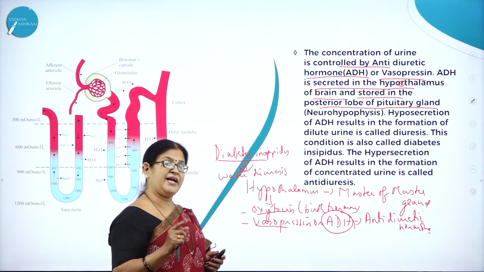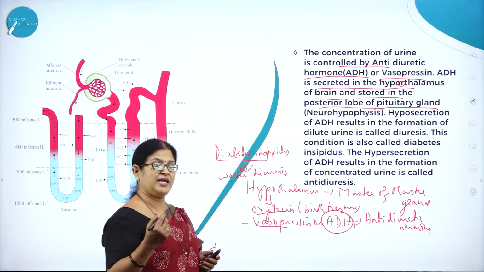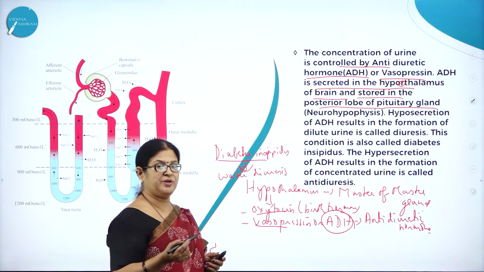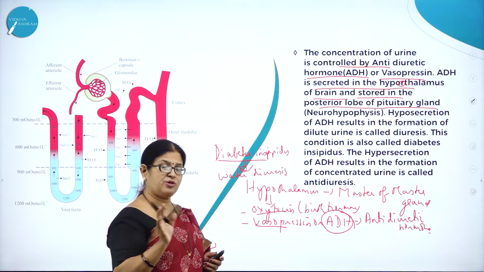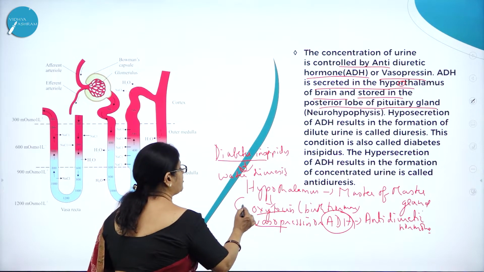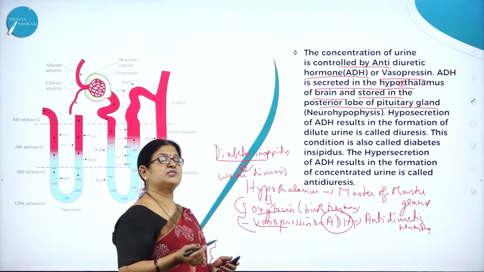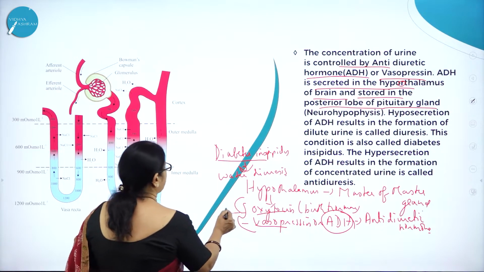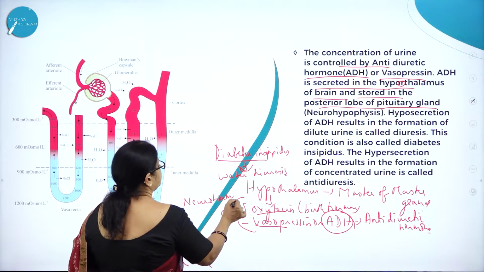The anterior pituitary produces hormones of its own kind, like FSH, LH, GH, MSH, melanocyte stimulating hormone. But the posterior pituitary does not produce hormones of its own kind. Instead, it receives these two hormones of the hypothalamus.